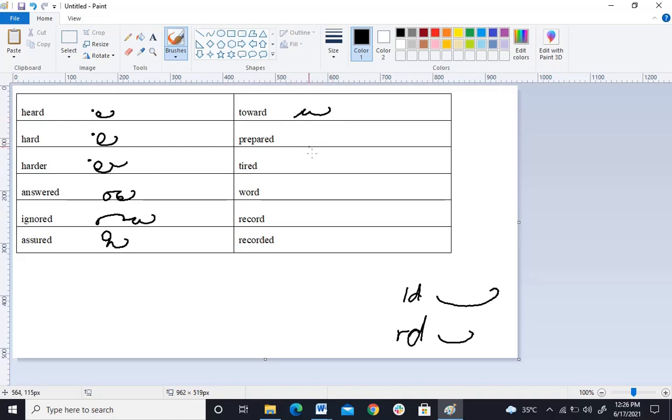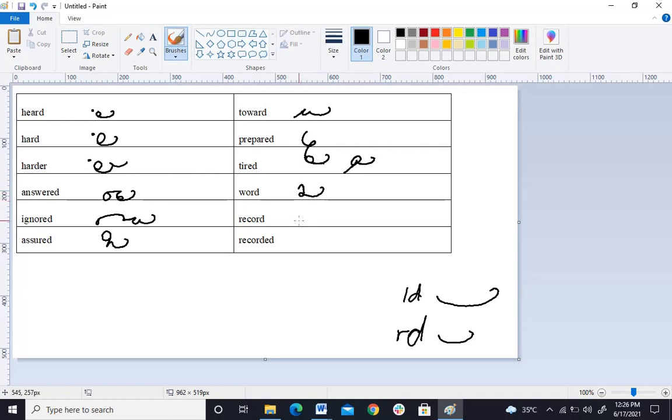Next, "prepared": we have "pre", and then "paired". "Tired": we have "tire", and then "tired". Next, "word": W-E-R-D, word.